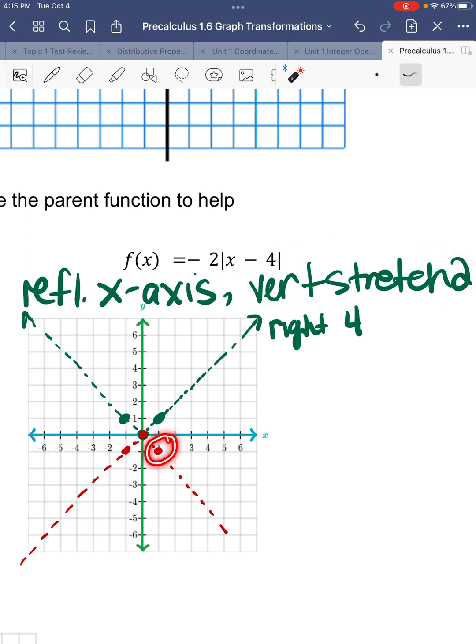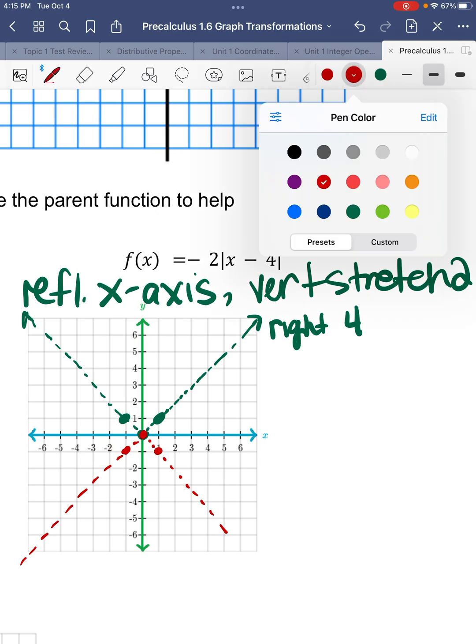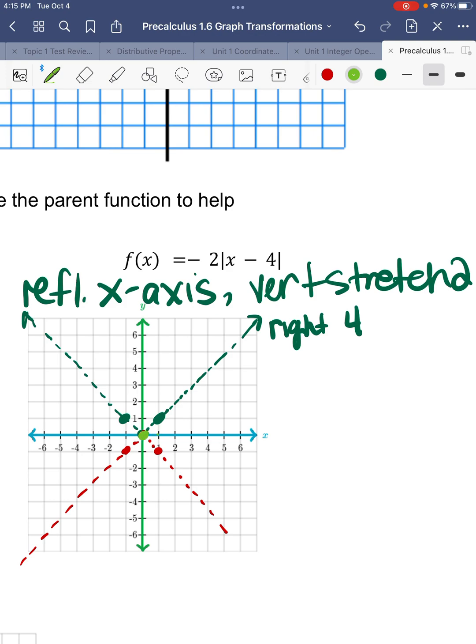So this point here that was down negative 1 would be down negative 2 now. I'm going to go a different color yet again. So now, with the stretch, it looks like this.